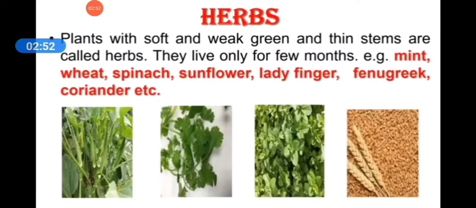Herbs, plants with soft and weak green and thin stems are called herbs. They live only for few months. Example, spinach, sunflower, ladyfinger, coriander, mint, etc.